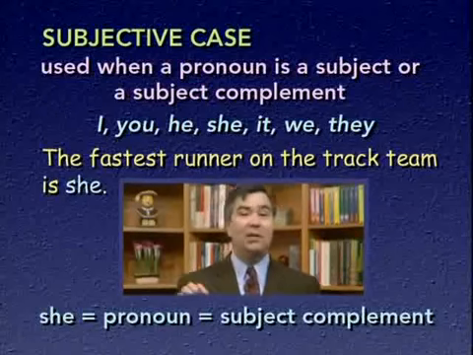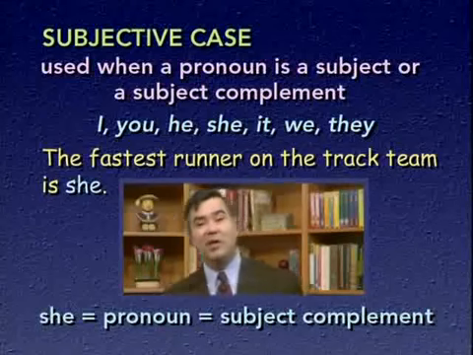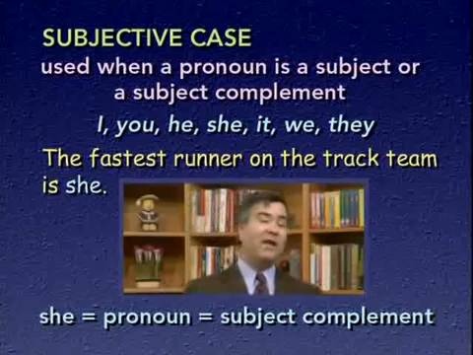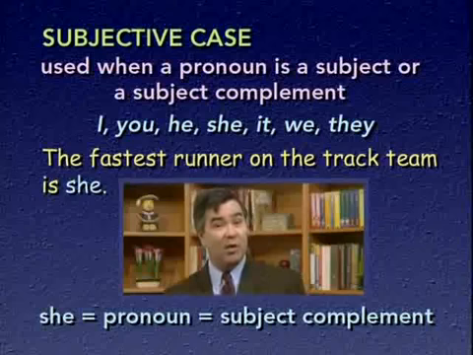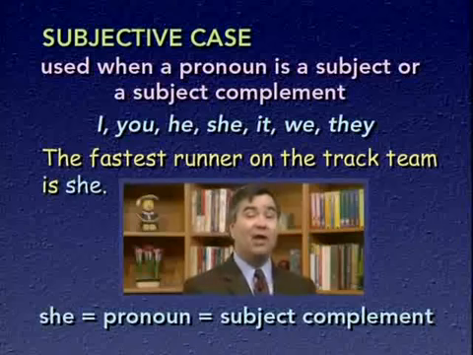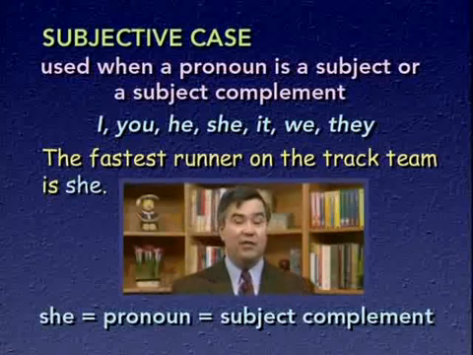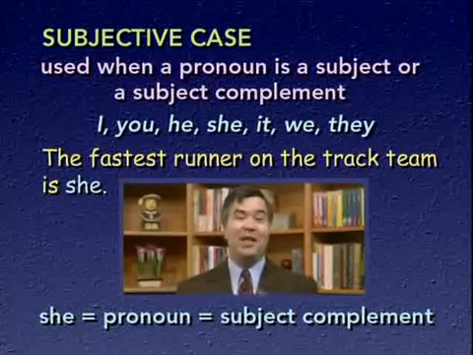It's explaining a state of being, and the word she acts as a subject complement because it refers back to the subject of the verb, runner. Who is the fastest runner? She. So the subject complement she gives more information about that subject, runner. It tells who the runner is, she. So following the verb of being, we have in this case a subject complement which happens to be a pronoun.